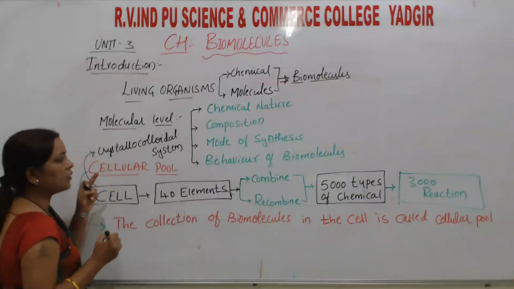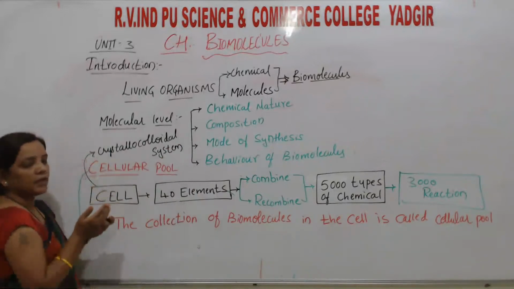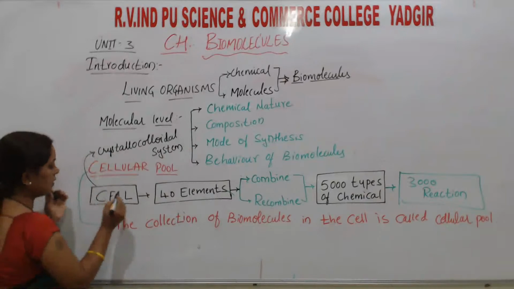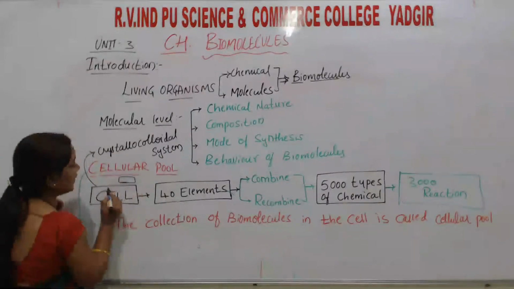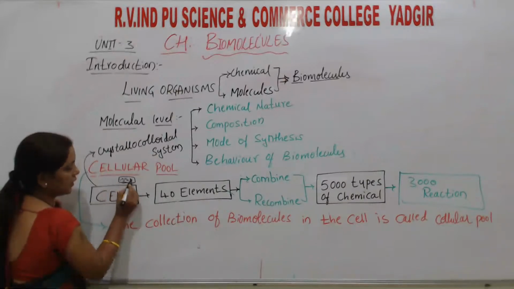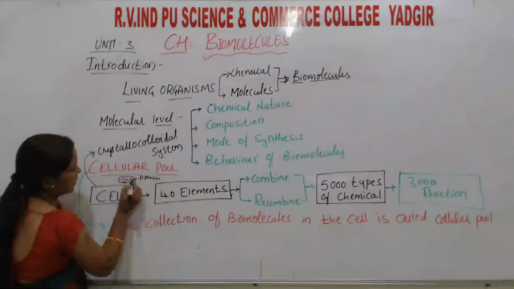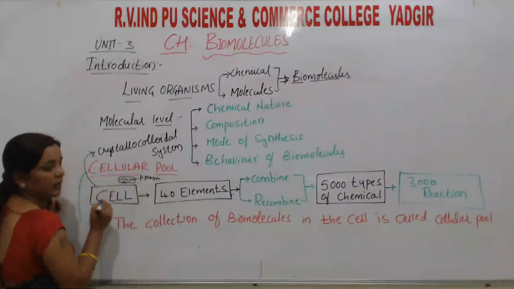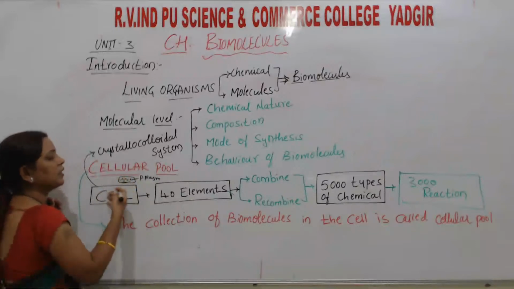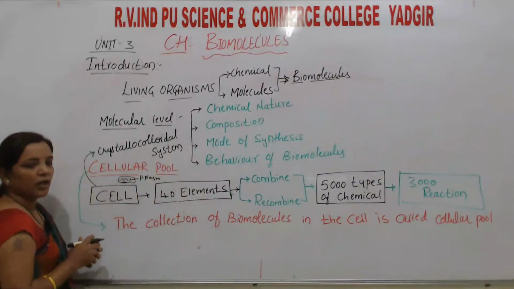So what does crystallo-colloidal system mean? The plasma membrane is present. The cell is covered by the plasma membrane, and inside it is the protoplasm. The protoplasm is enclosed by the plasma membrane. Inside the protoplasm, all the reactions take place, so it is called the cellular pool.